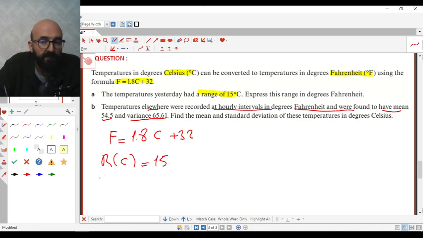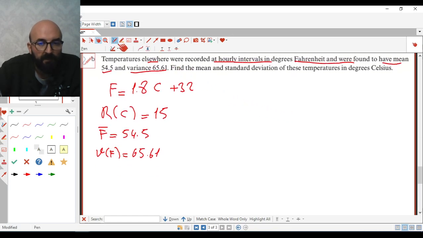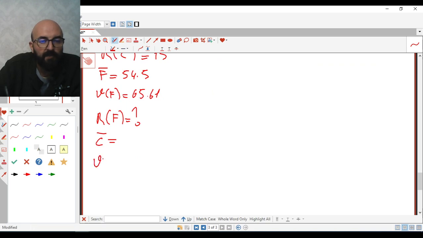So we have the mean of Fahrenheit 54.5 and the variance of Fahrenheit 65.61. We want to find the range of Fahrenheit, the mean of Celsius, and the variance of Celsius.